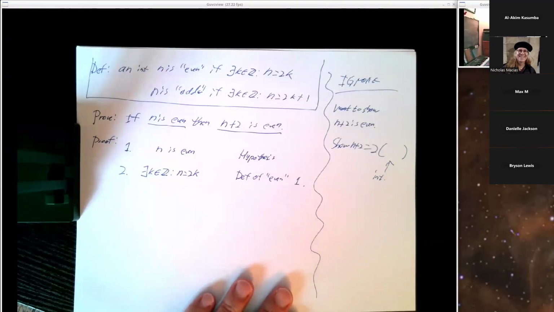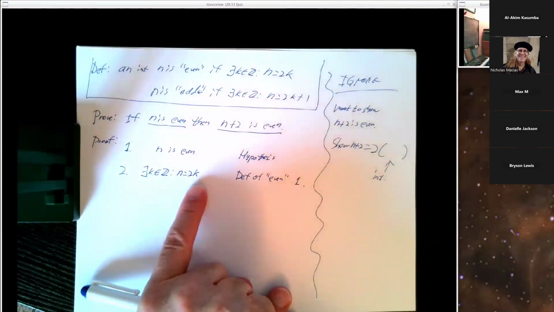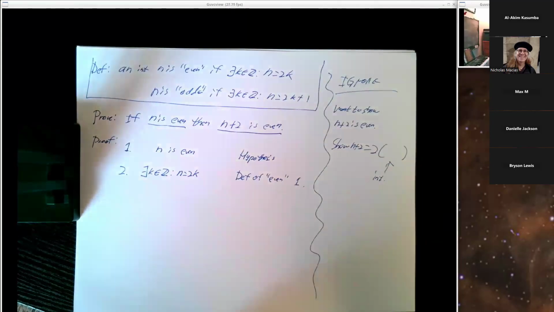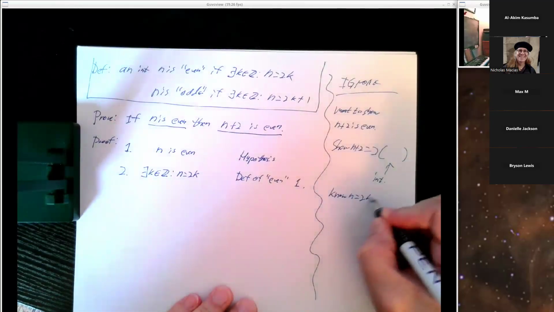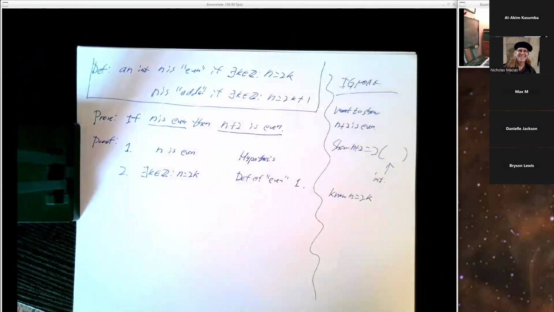Well, take a look at what we've done. I've already shown n is equal to 2 times an integer. So I know n equals 2k. How can I show n plus 2 is equal to 2 times an integer? N plus 2 is equal to 2 times k plus 1. Nice.